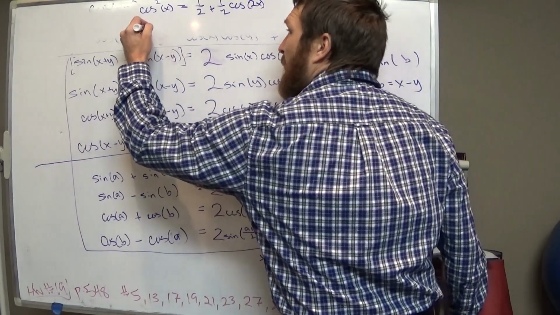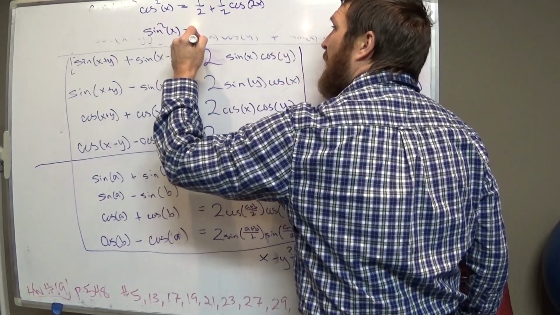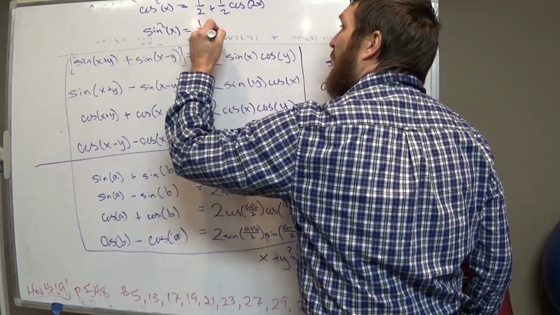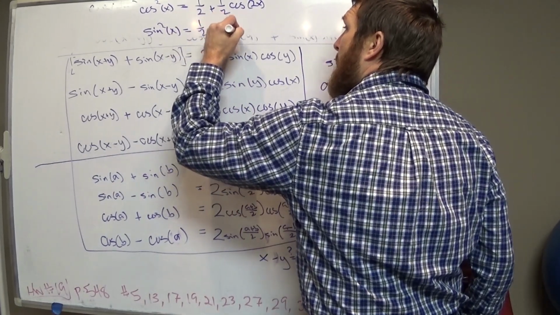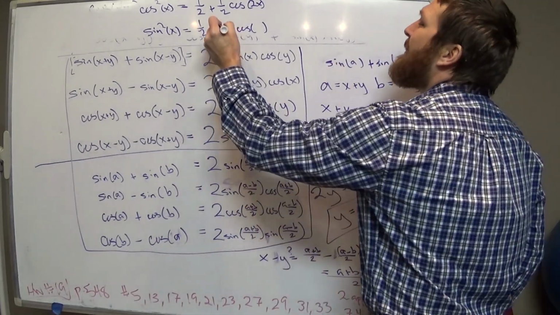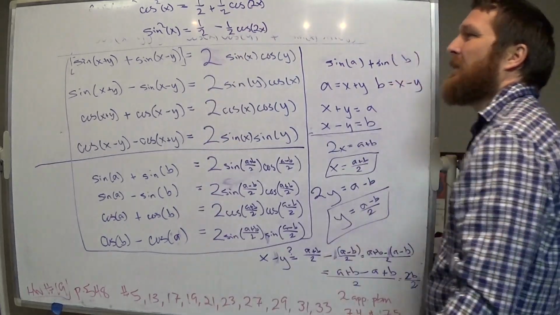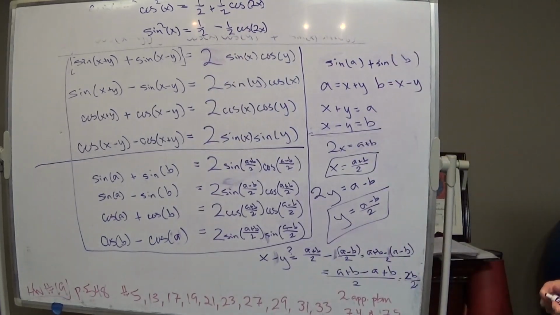And then this one, sine squared x is 1/2 minus 1/2 cosine of 2x. Oh, it's a minus. You want to commit these to memory. You really, really want to commit these to memory. These are good.